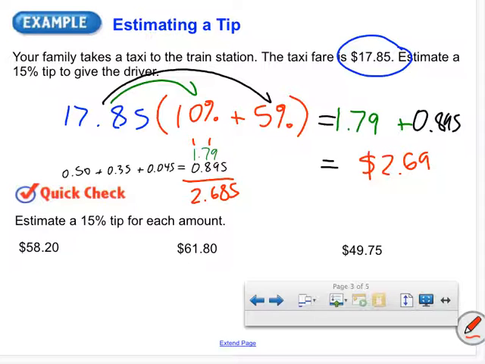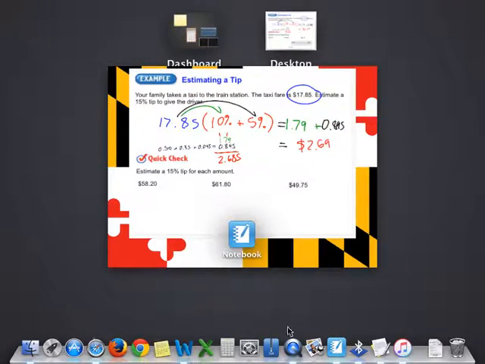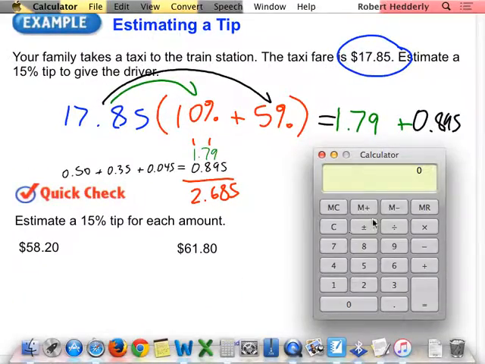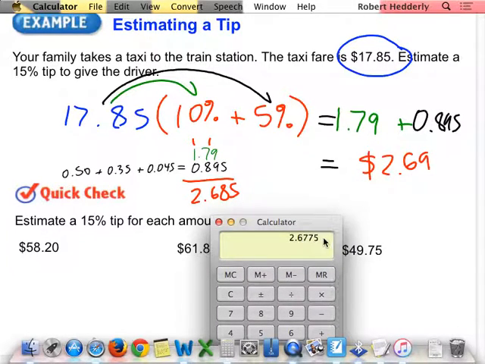Did you line up your decimals? Okay, so 17.85. Let's double check. Times 15, right?